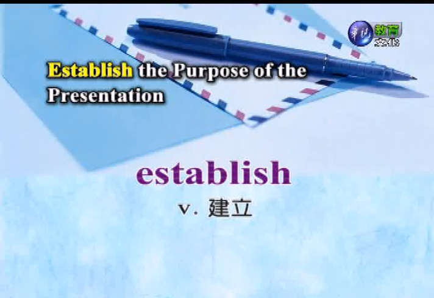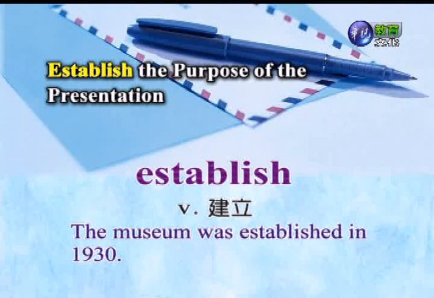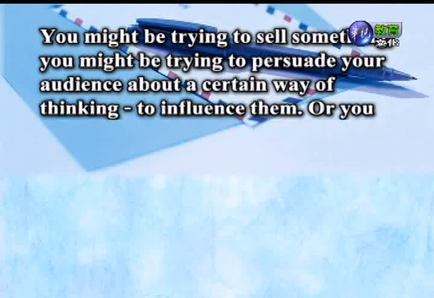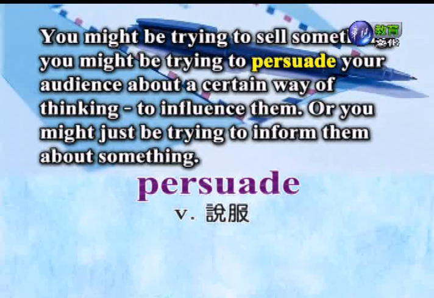好，我们现在开始看这段里面的单字。首先，第一个单字是建立的意思。 Establish. It's a verb. For example, the museum was established in 1930. 好，我们看到这句话意思是说，这个博物馆呢是建立于1930年。接下来下一个单字是说服的意思。 Persuade. It's a verb.